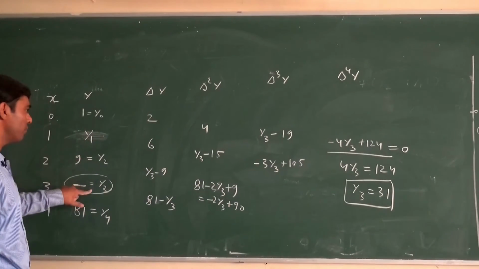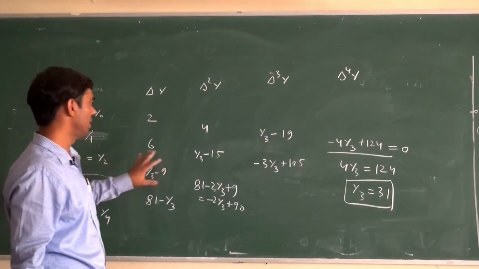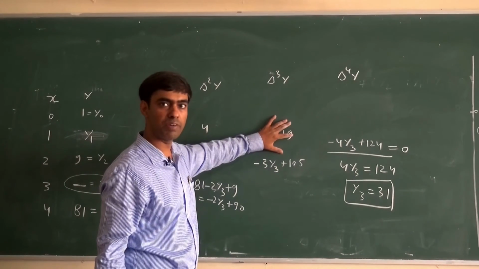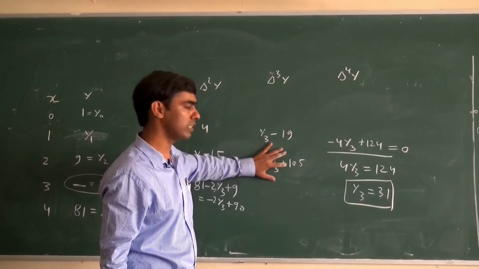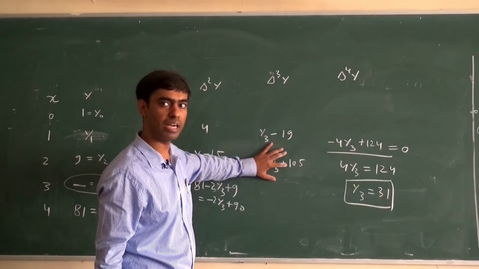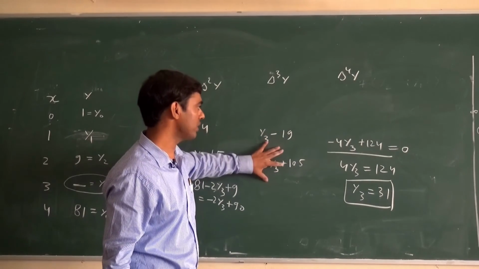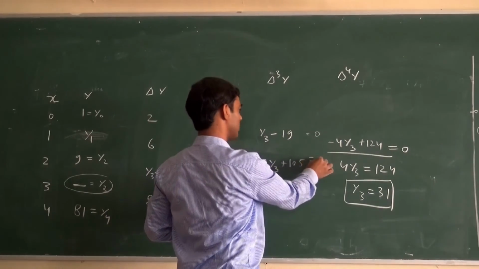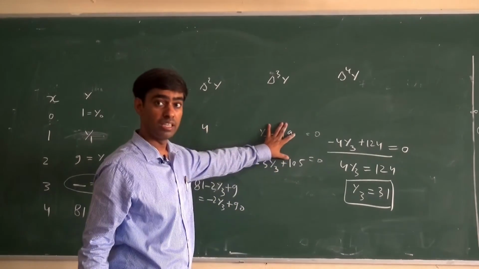Here y1 and y3 are the unknown values. If we calculate in a similar manner, this is an equation in terms of y1 and y3, and this is also an equation in terms of y1 and y3. There are two equations because the third difference equals 0, so this one equals 0 and this one also equals 0.